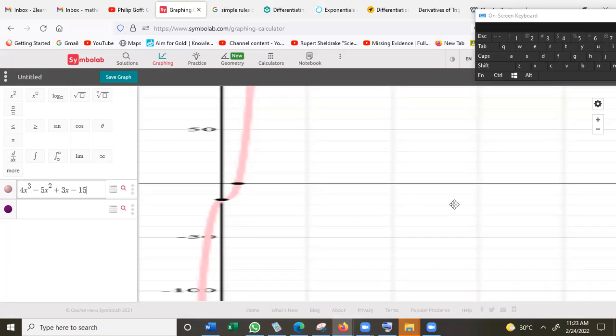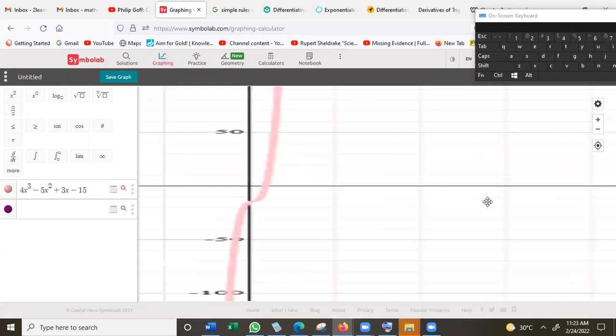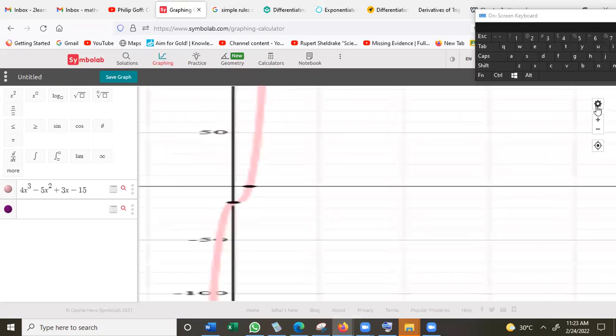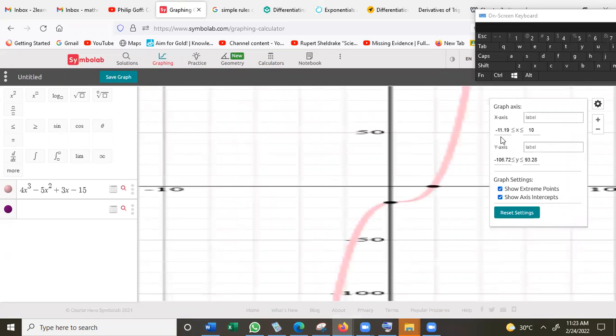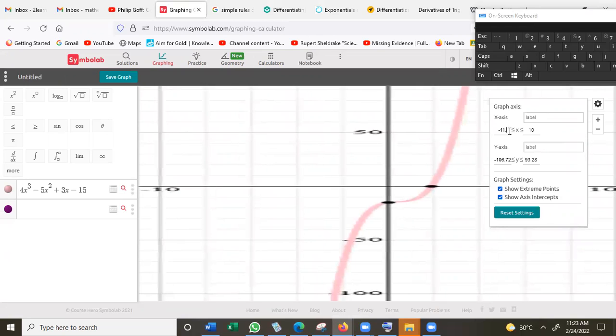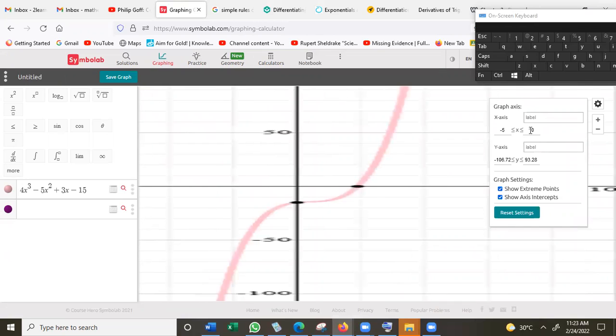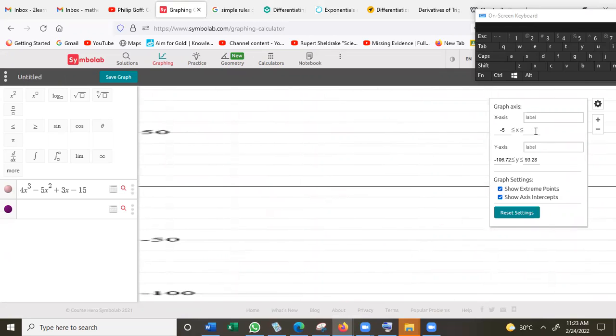For the x, let's put this as 5, and I can change this as 6.